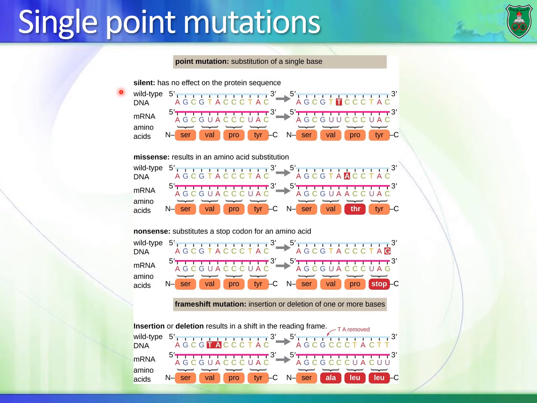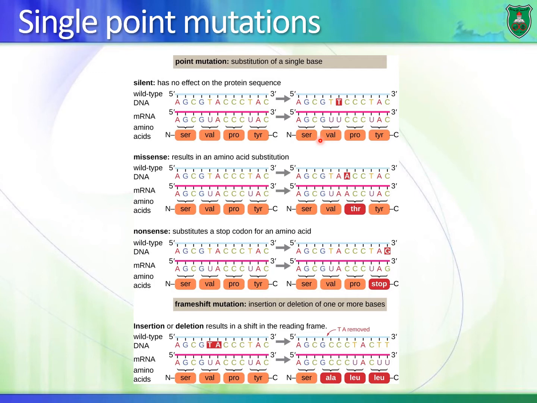Sometimes you have a silent mutation. A silent mutation means that, let's say in the DNA you have an A, and this A is changed into a T. Such a change does not really change the amino acid. The amino acid stays the same. So is it a mutation? Yes, it is a mutation. If it exists in less than 1% of the population, it's a mutation.